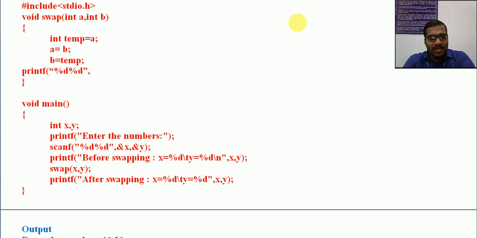I cannot write x here, right, because I am exchanging there. a equal to percentage d, I will put a slash t, then I will write b equal to percentage d, then I will print a comma b.